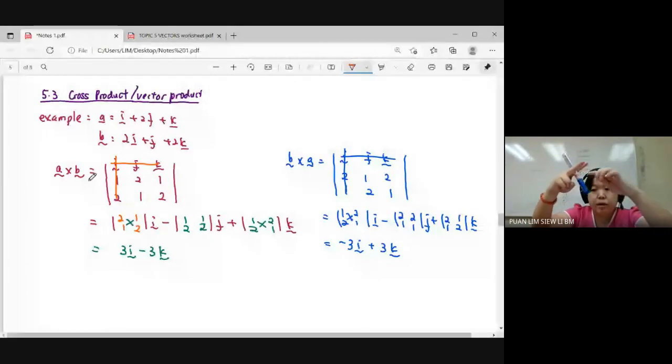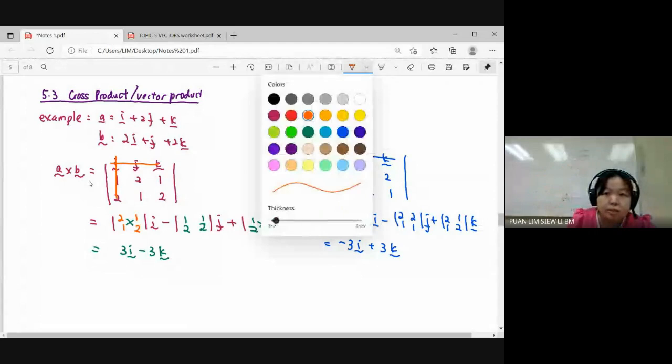Okay, so mungkin bila kita terbalik kiraan dia, kita dapat negative direction, yang ke bawah. So dia masih lagi normal yang sama, normal vector. So vektor ini adalah normal vector.